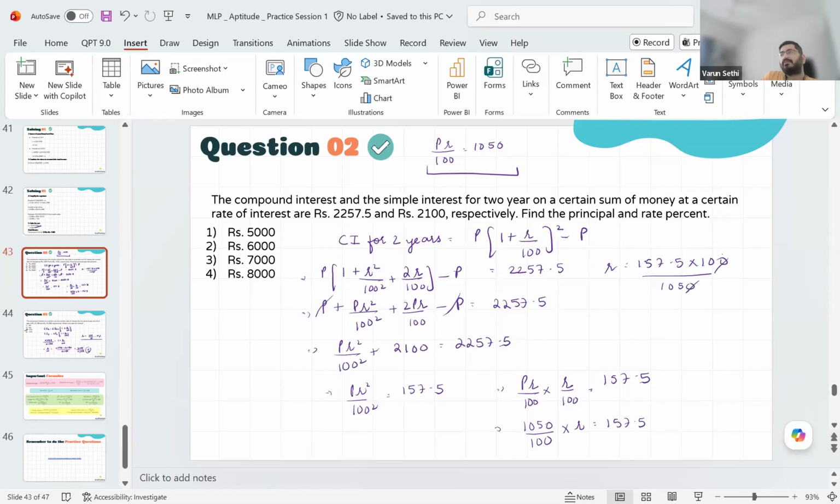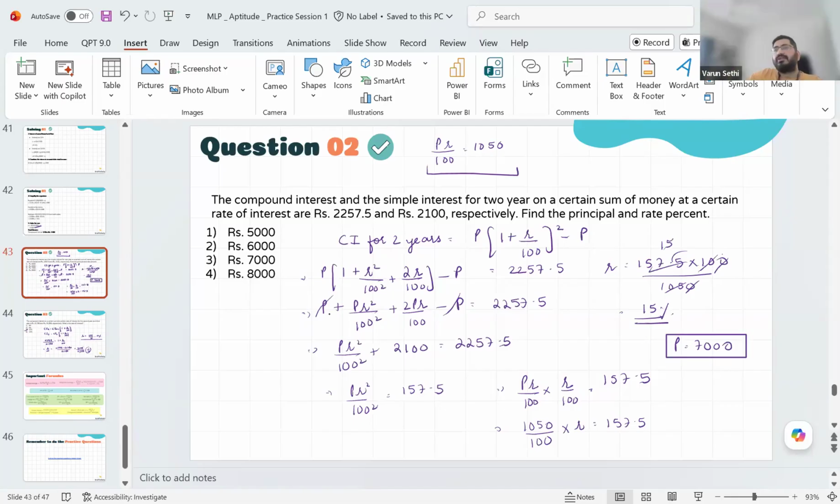Cancelling, you get 15, so R is 15%. Once you get R, you can calculate P from the equation PR upon 100 equals 1050. So the principal comes out to be 7,000. Is this clear, guys?